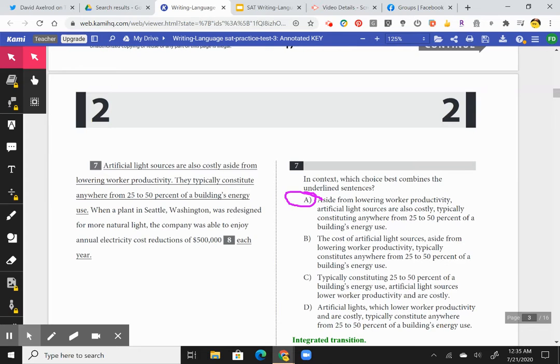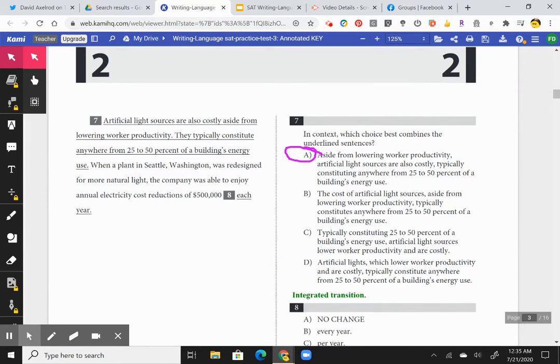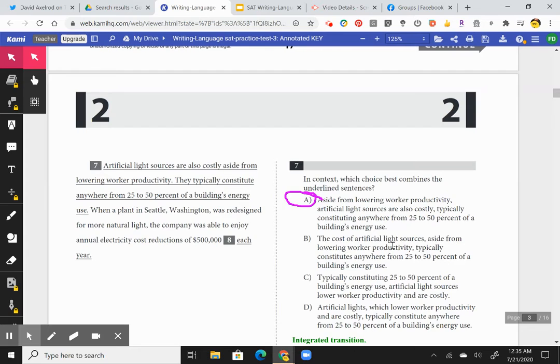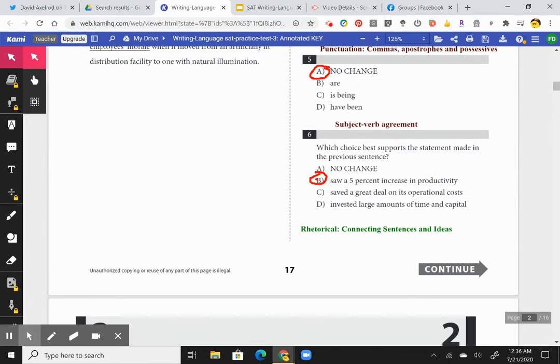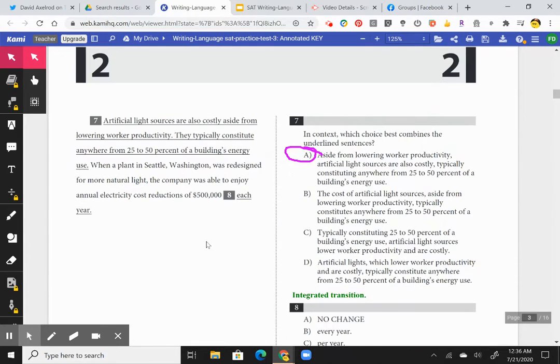Well, that doesn't really make much sense. So, aside from lowering worker productivity, artificial light sources are also costly. This is what we call an integrated transition. The previous paragraph is talking about worker productivity and how artificial light lowers worker productivity. So aside from lowering worker productivity, artificial light sources are also costly, typically constituting anywhere from 25 to 50%.